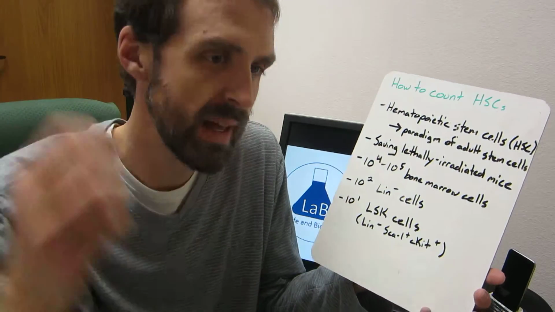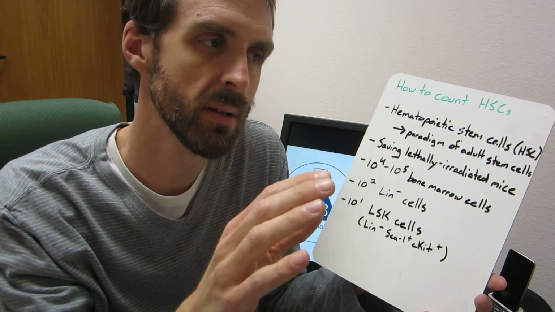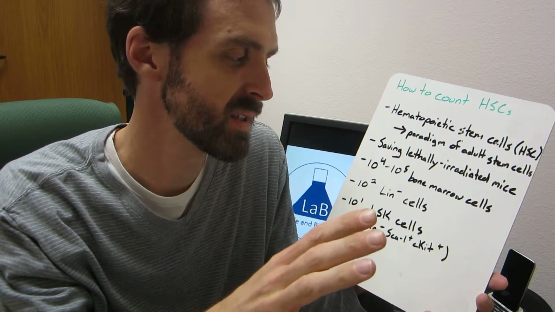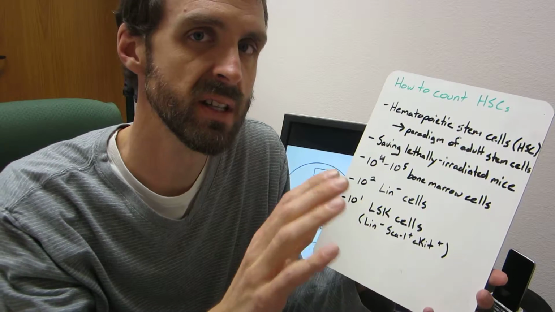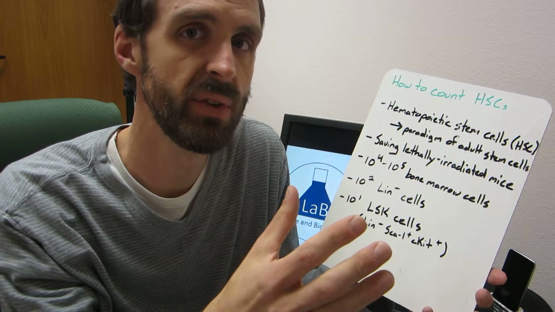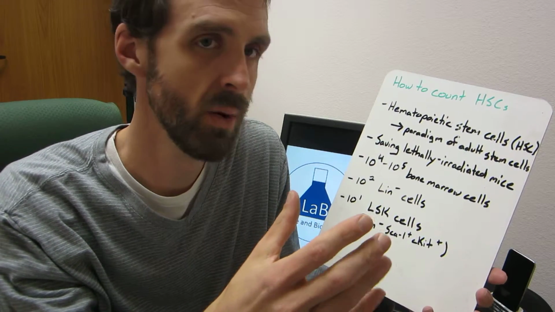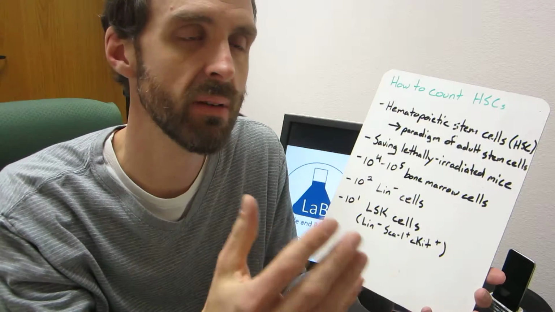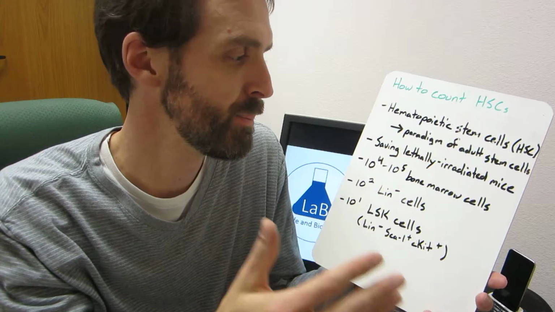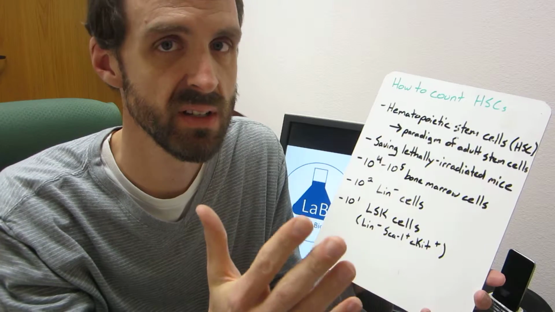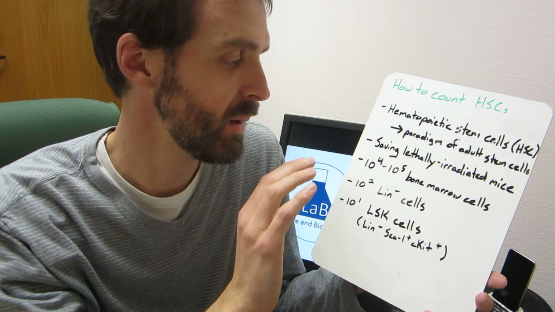What I mean by that is that markers in this case are proteins that are expressed on the surface of a fully differentiated white blood cell, whether it's a B cell, T cell, macrophage, neutrophil, mast cell, eosinophil, basophil.